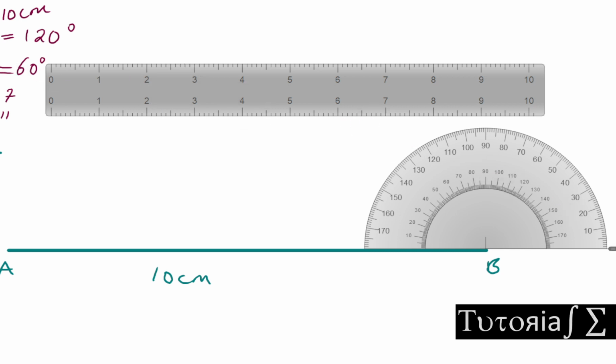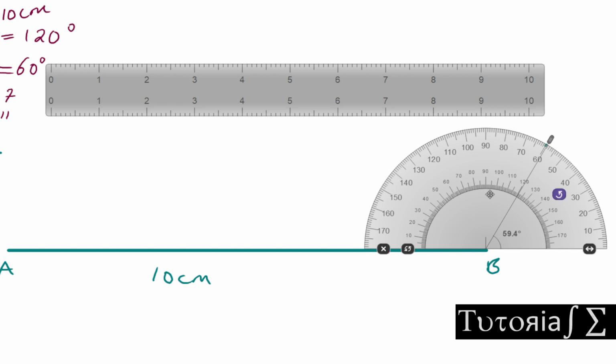My 120 is here, so I'm starting from 0 inside here and going to 120. So I can mark that point. That is where my 120 is. For now, I'll just leave it like that.